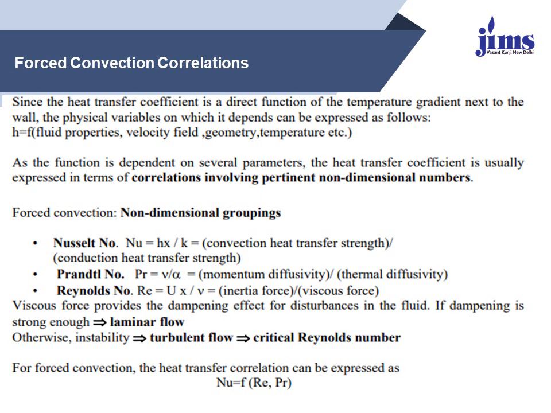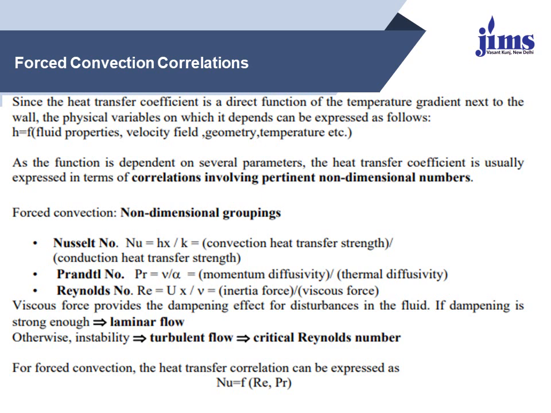Nusselt number is equal to hx divided by k. Prandtl number is equal to nu divided by alpha, where alpha is the thermal diffusivity and nu is the momentum diffusivity. And the Reynolds number, known as Re, is equal to Vx divided by nu, or we can say it is the ratio of the inertia force to the viscous force.